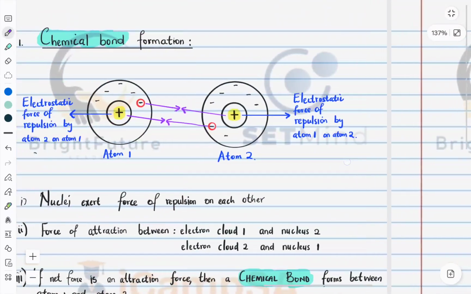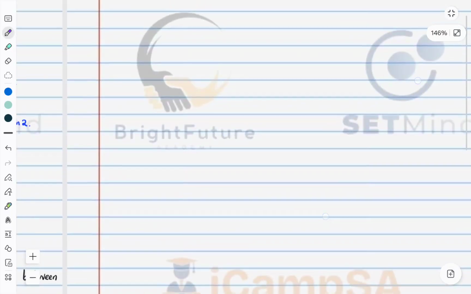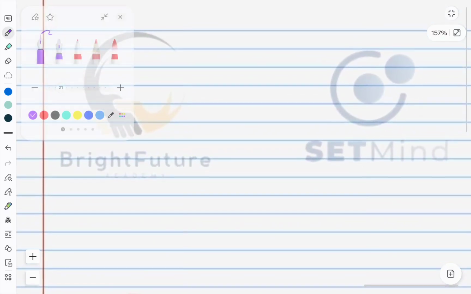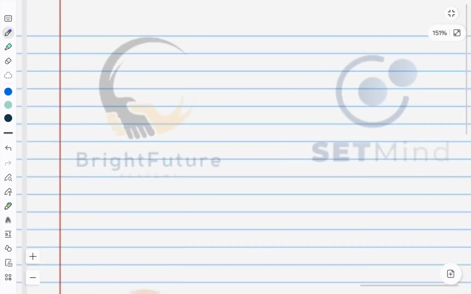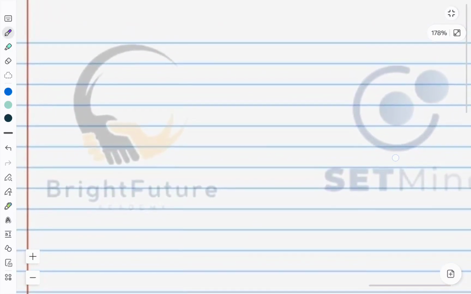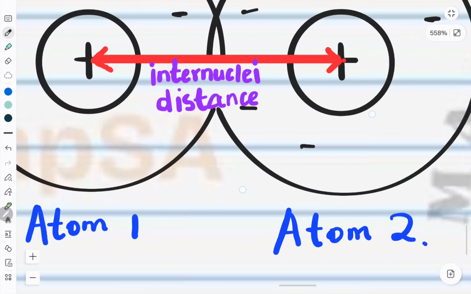Now let us start describing these whole steps, but in what we call a potential energy versus internuclear distance curve. That's where the internuclear distance concept comes from, and we'll be talking about it in this curve.